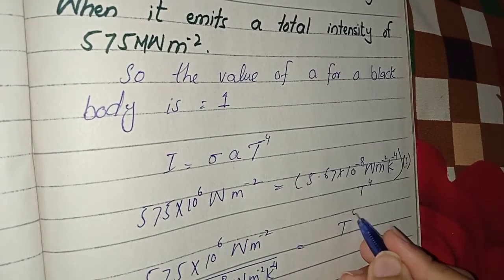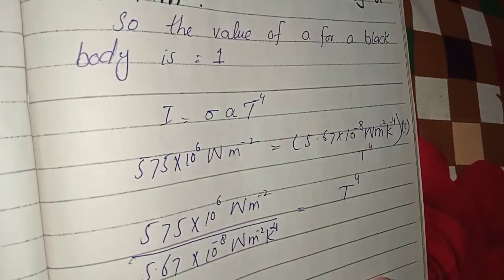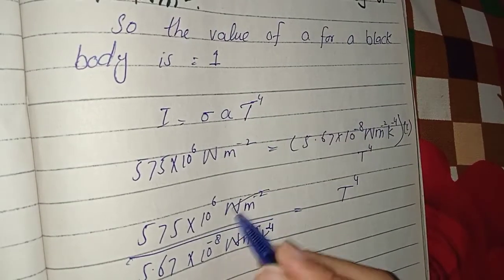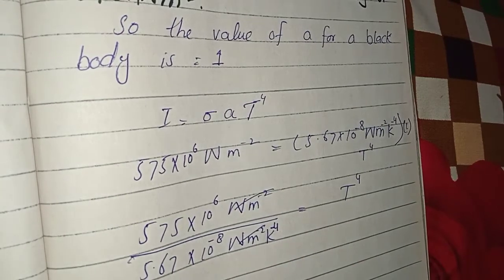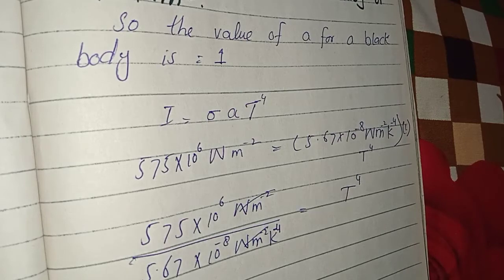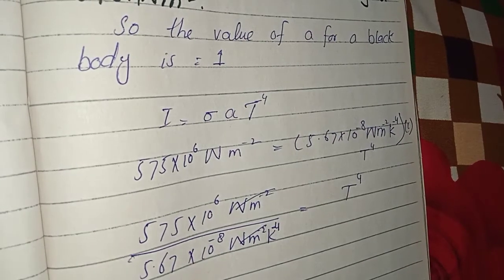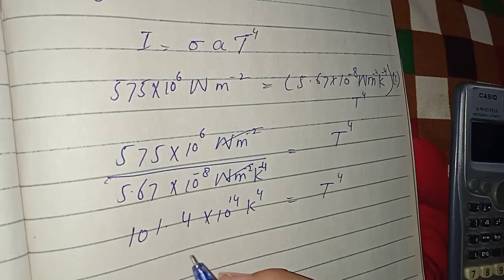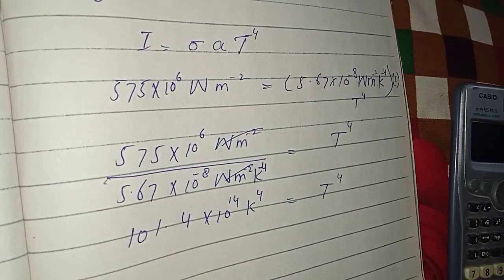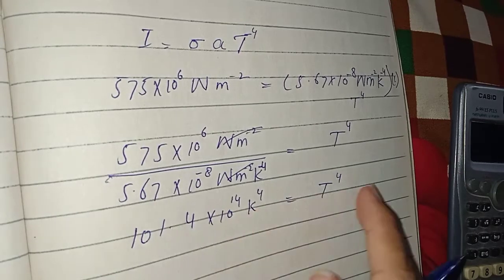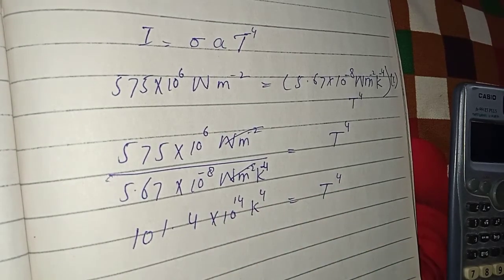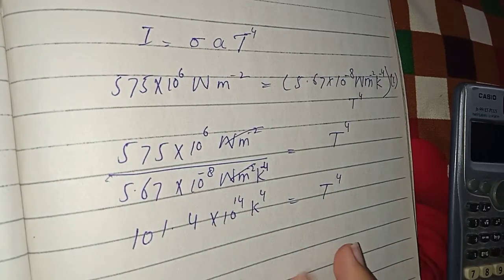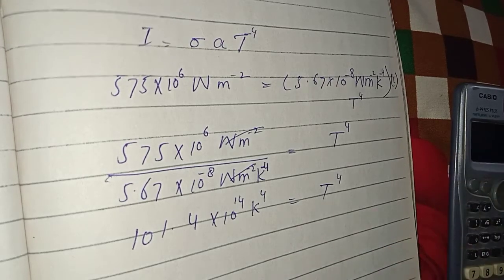Watt per meter square units will be cancelled, and K to the power 4, when moved to the numerator, becomes plus 4. After solving this, we have to take 1 over 4th power on both sides, so that we are able to remove the 4th power from the temperature, because we have to find the value of temperature T, not the 4th power of temperature.